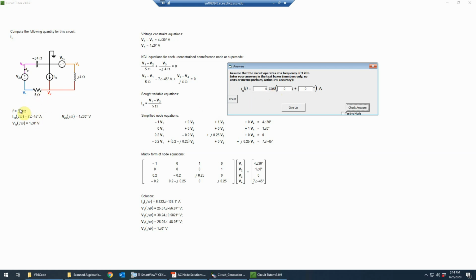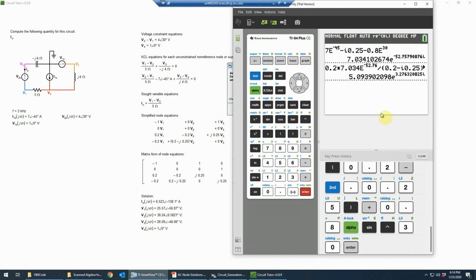And we need to look for the omega value. Well, notice it doesn't give us omega in this problem. It only gives us f. And we have to be very careful because f is in kilohertz. That's not going to be the value of omega. Remember, omega is always 2 pi f. So 2 pi times 3 kilohertz will be 6 pi kilohertz. And let's go on the calculator to do that.